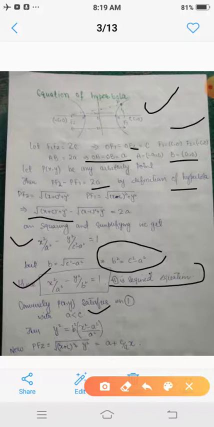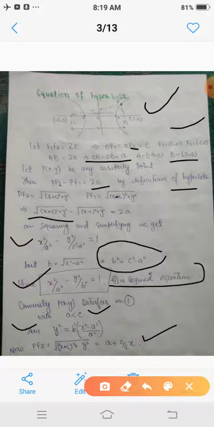From this equation, y square equals b square into (x square minus a square) upon a square. Now here P is the point with coordinates (x1, y1), F1 has coordinates (c, 0) and the coordinates of F2 are (-c, 0). Now we will find PF2, which simply equals (a plus c upon a)x, using b square equals c square minus a square.